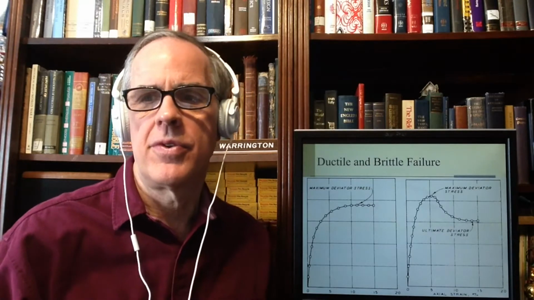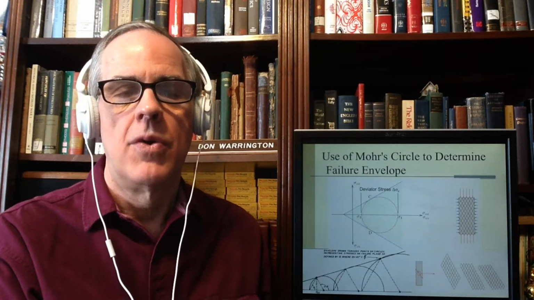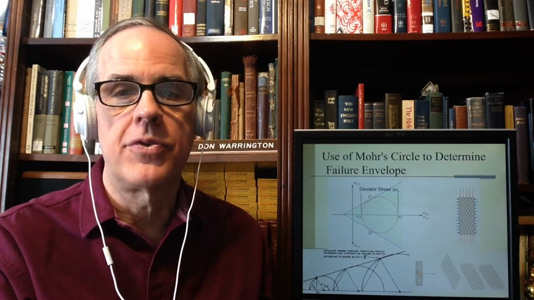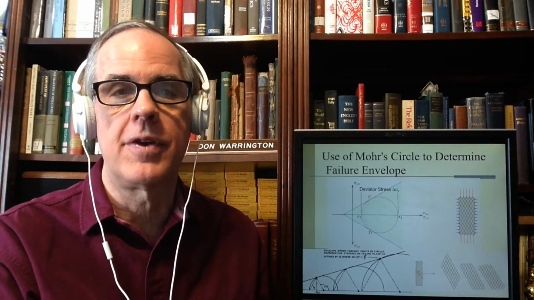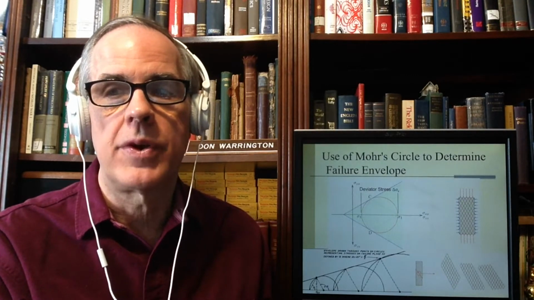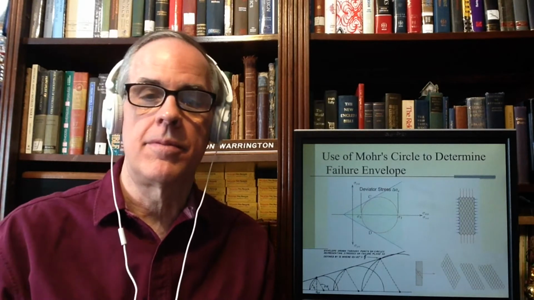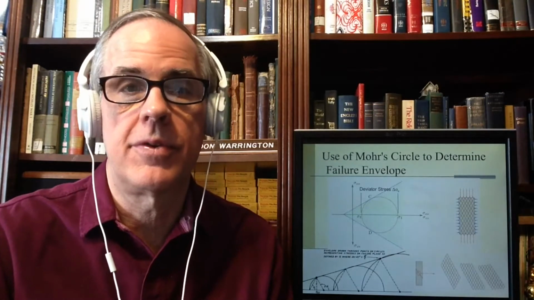And there are many different failure modes in this. So how do we use the triaxial test? One of them, the most important one, is to determine the failure envelope. Now, I talked about the failure envelope earlier with Mohr Coulomb theory, and we talked about using the multiple circles. And this is where we do it.